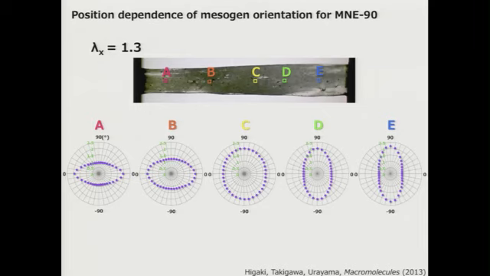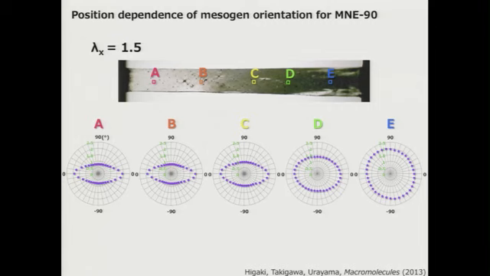At position D, the director still stays in the initial state, but the anisotropy becomes smaller. At position B, the director rotates to the stretching direction, but the anisotropy is smaller than A. And at position C, the distribution looks almost isotropic.